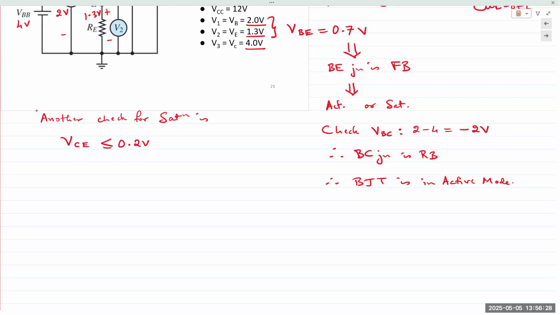So in this example, VC is 4 volts, VE is 1.3, VCE is 0.7 volts, which is not less than 0.2. So the transistor is not in saturation.